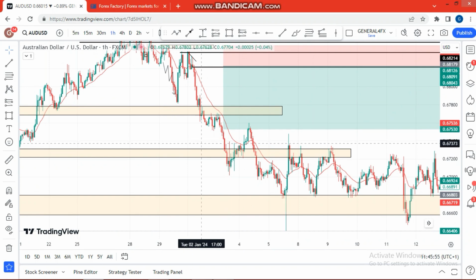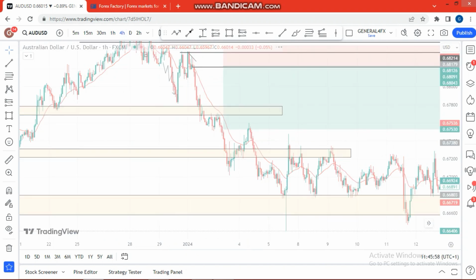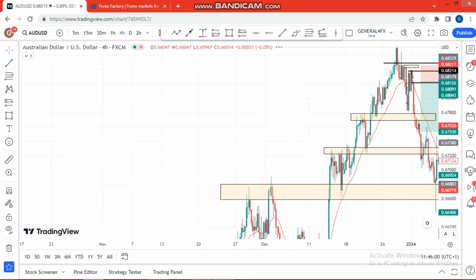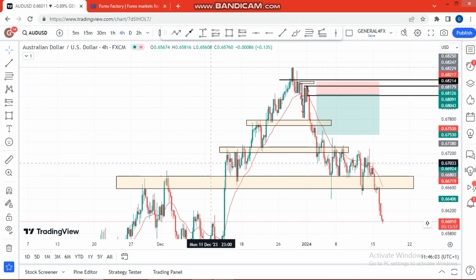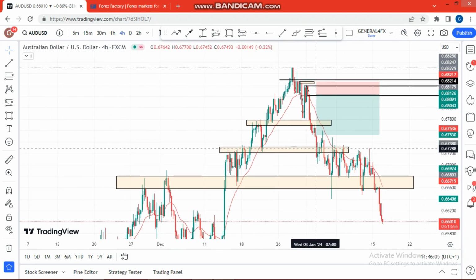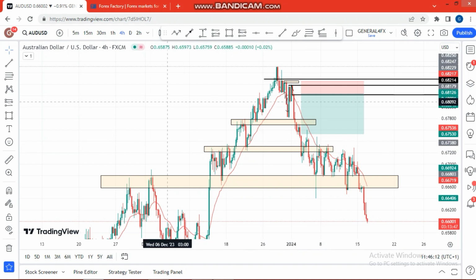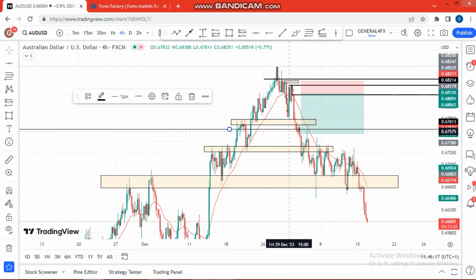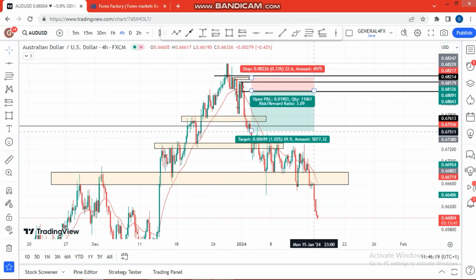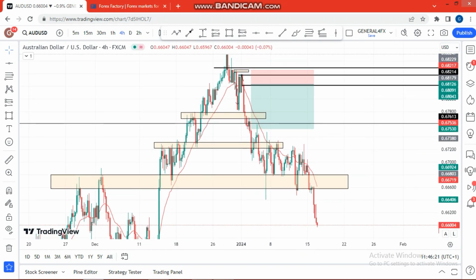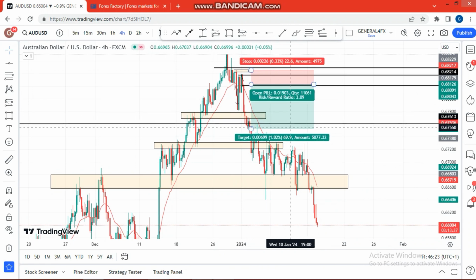So on this other key zone here, you see price came to this area and was kind of coming up to the upside, and that's why you see up there on our trade, after we secured profits, we put our stop loss right there.